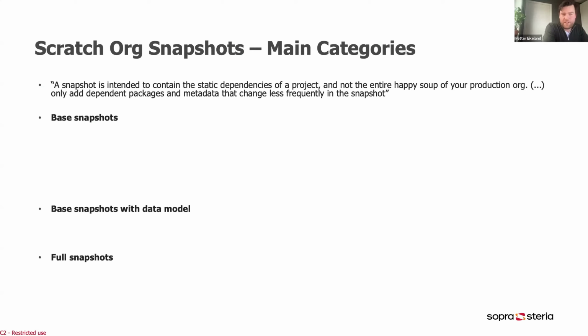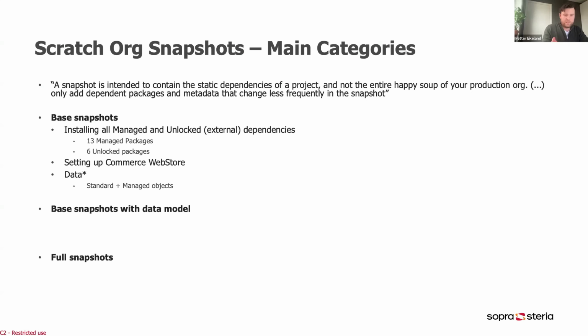It's supposed to be all the dependencies that don't change that often. So based on that, I've created 3 types of categories. These are my own, not defined by Salesforce. And as you can see, Salesforce doesn't recommend creating everything in one snapshot, but we're having the base snapshot.